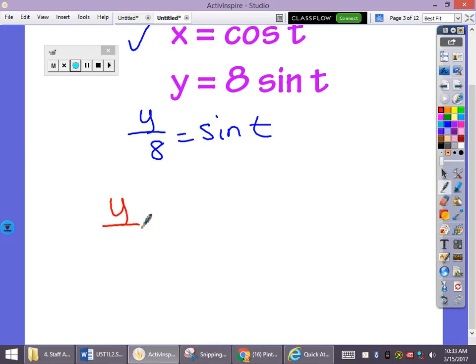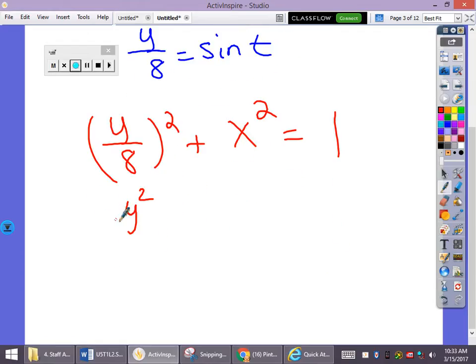Y. So y over 8 squared plus the x squared equals 1, which really means y squared over 64 plus x squared equals 1. Not too complicated, correct? What's the key piece that you have to remember? What are we going to use every time? Sine squared plus cosine squared equals 1.